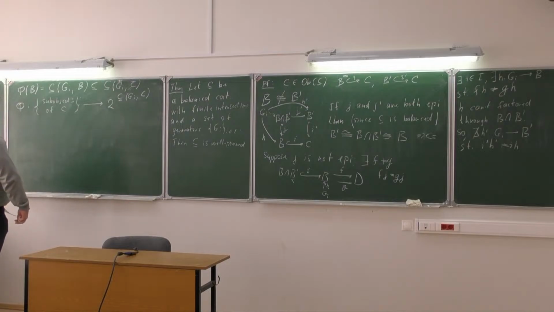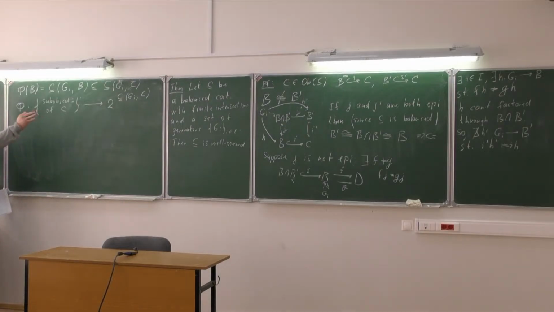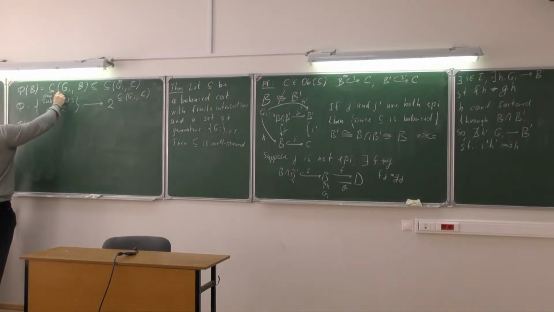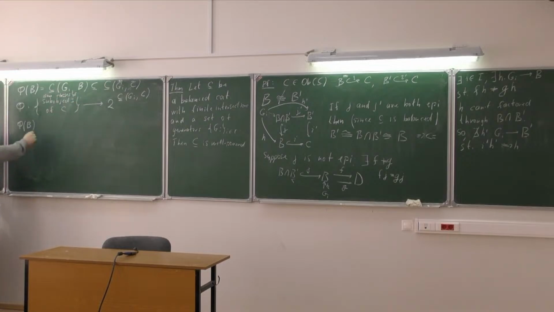Okay. So what we proved by that argument is that if I take this map phi and compute it on some object B, or compute it on another sub-object B prime, the answers are different. To be precise, these are isomorphism classes of sub-objects of C. And why are the answers different?